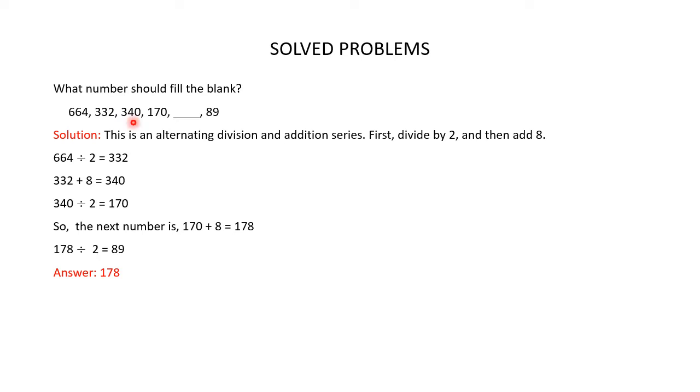Next, 340 divided by 2 is 170 and 170 plus 8 is 178 and 178 divided by 2 is 89. So the number that comes after 170 is 178. So 178 fills the blank space.